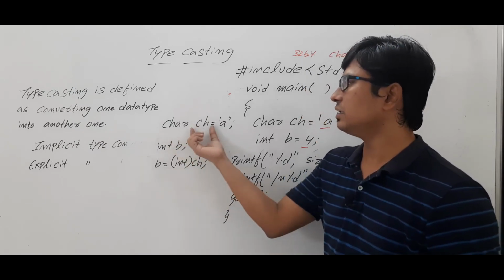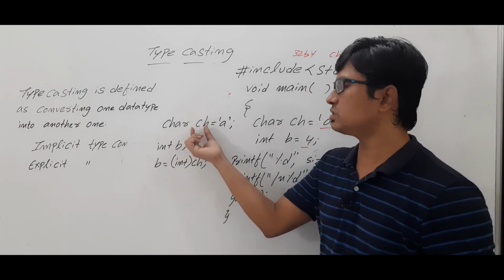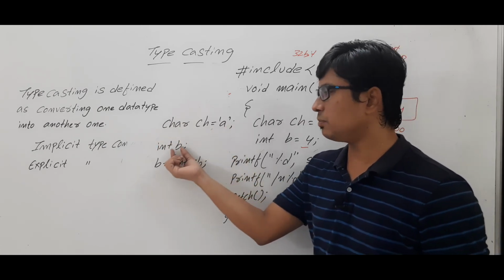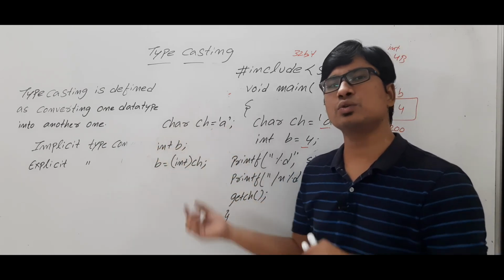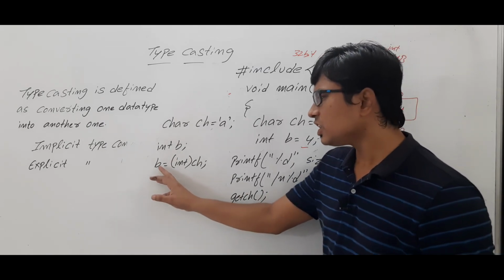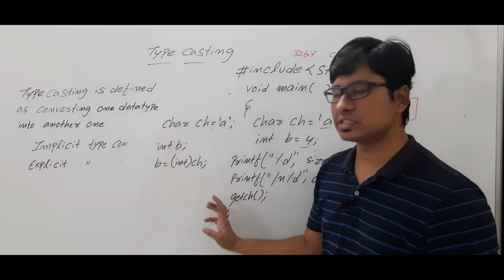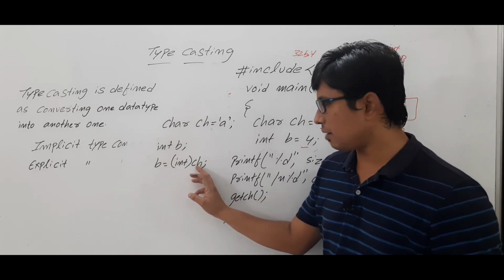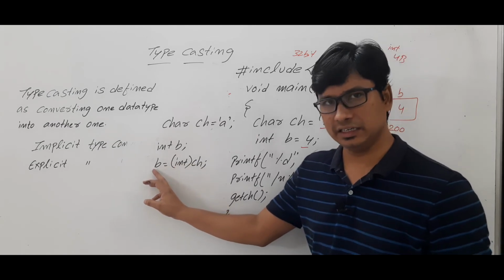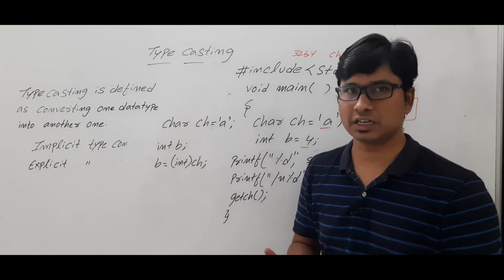Look here, the char ch. So ch is a character type, so it can store a character constant, and b is an integer, so it can store integer variables or integer constants only. Now you are writing b is equal to ch. Then ch is a character and b is an integer, so a type conversion is required.